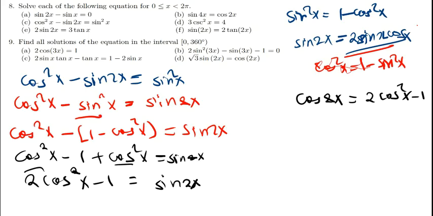So we replace it with cos 2x, right? Is equal to sin 2x.